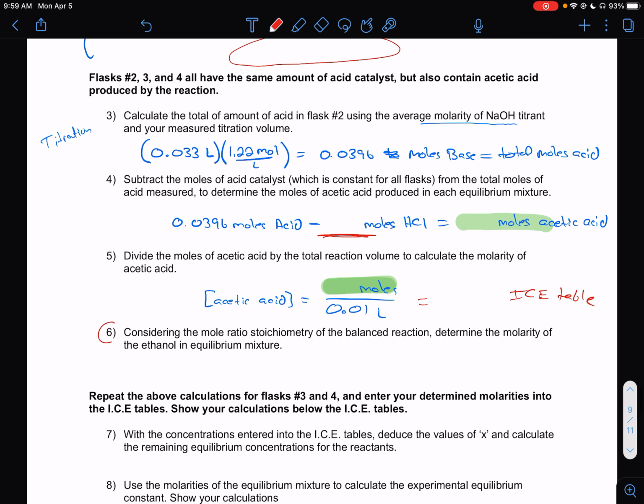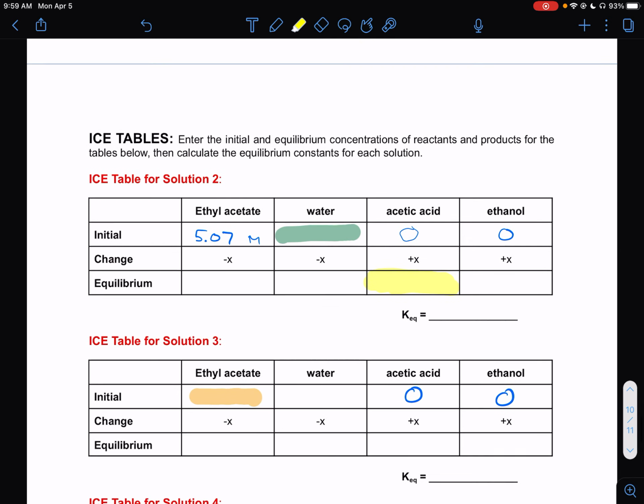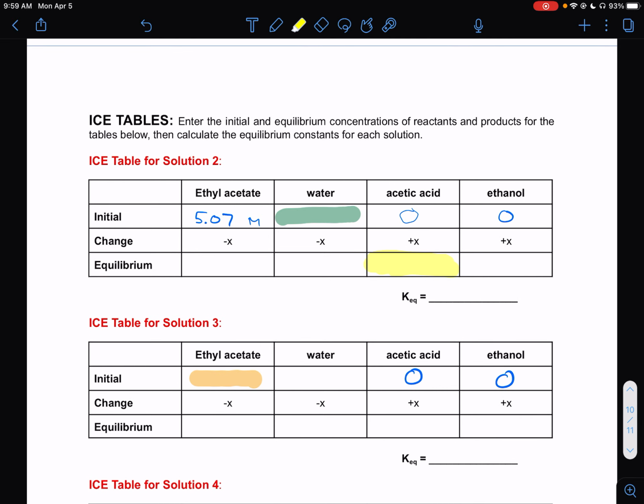And then in number 6, we're asked for the concentration of ethanol. And again, the key here is to think about the stoichiometric ratio. Because these are in a 1-to-1 ratio, whatever you get for an answer of acetic acid will also be the answer for your ethanol. So we should now be able to plug in our acetic acid at equilibrium and our ethanol at equilibrium, right?